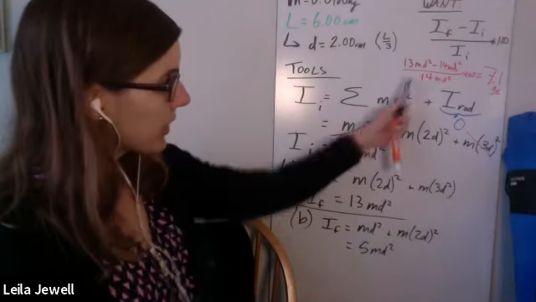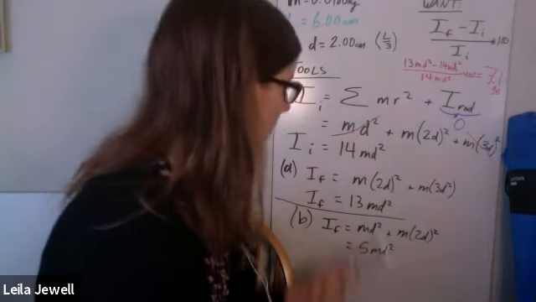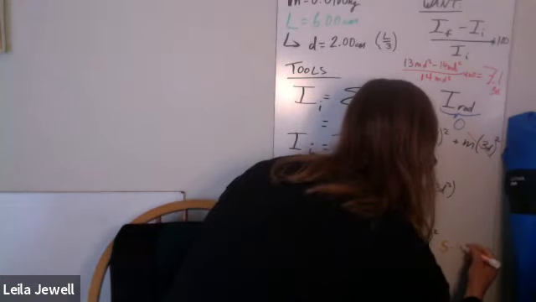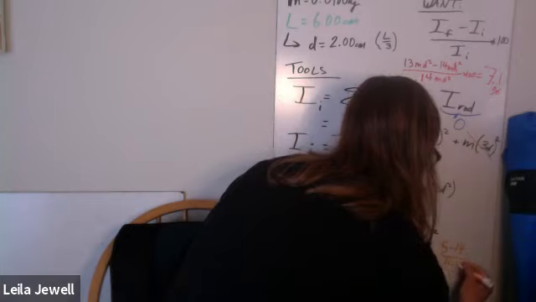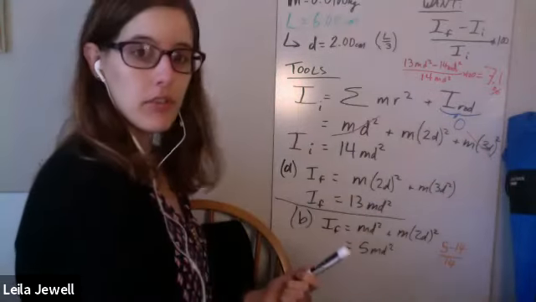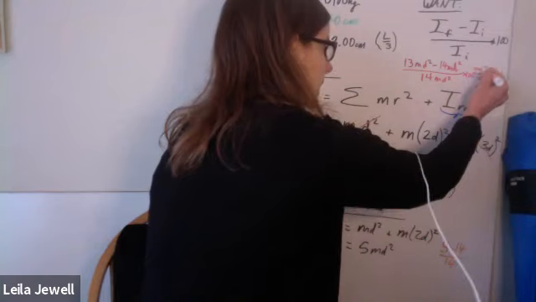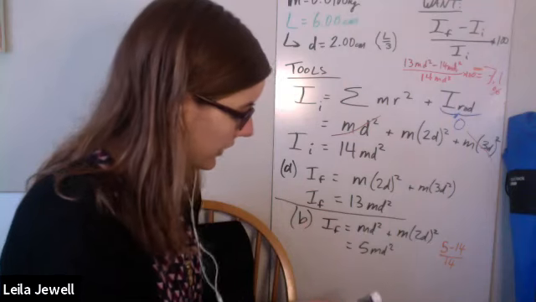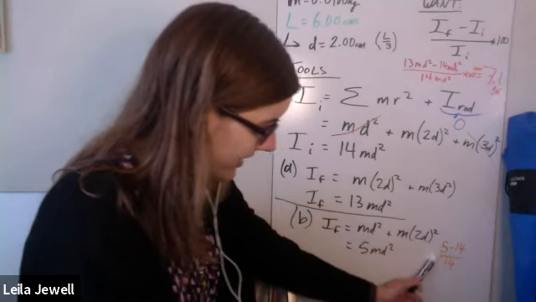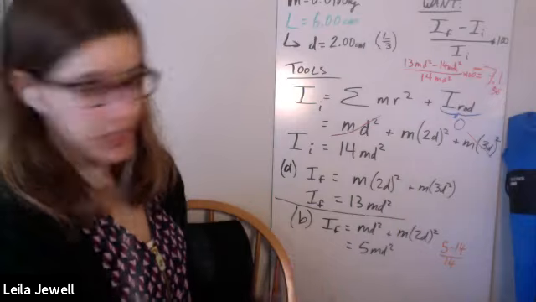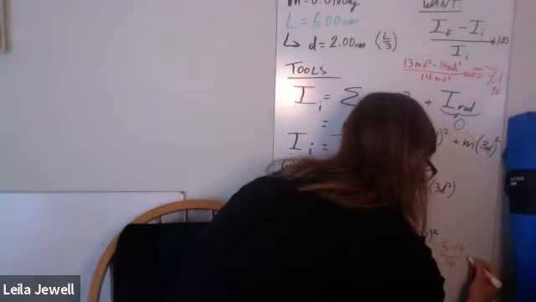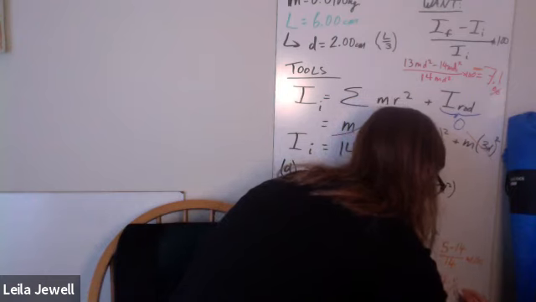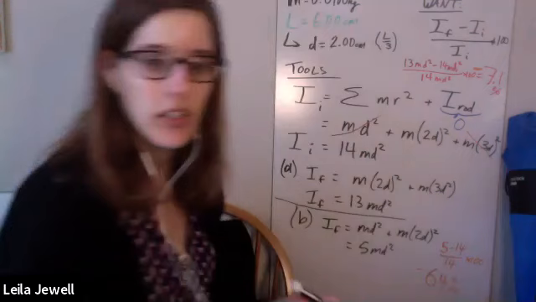And we can do the same process of taking the difference there. I'm just going to do it with the numbers, assuming that they do cancel. 5 minus 14, all over 14. By the way, this does give you a negative result, even up here. The negative is just that it's a loss of rotational inertia. So down here, if you do 5 minus 14, that's negative 9 over 14. That comes out, once you multiply by 100, to a whopping 64%, technically negative there.